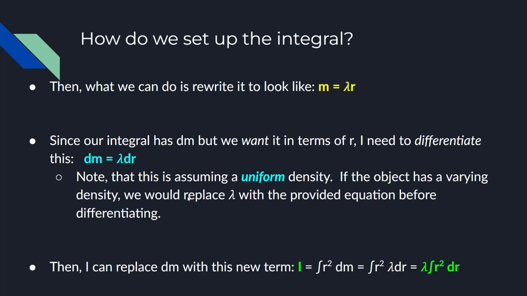And then what we're going to do is plug in this term for dm. So our original equation, which was the integral of r squared dm, now becomes the integral of r squared lambda dr. Lambda, again, because this is uniform, is constant and can be pulled out of the integral. So we end up just taking the integral of r squared with respect to r. Now, this is a polynomial, and we all know how to do the integral of a polynomial.